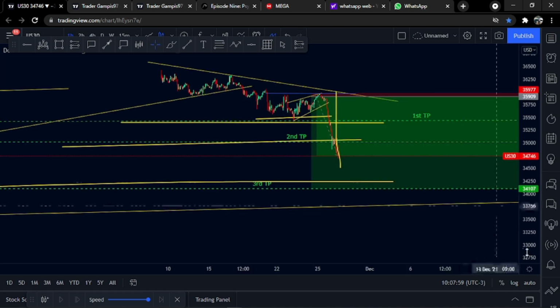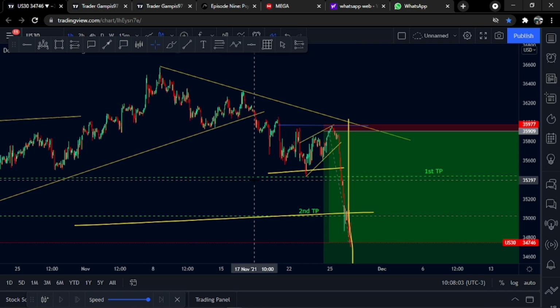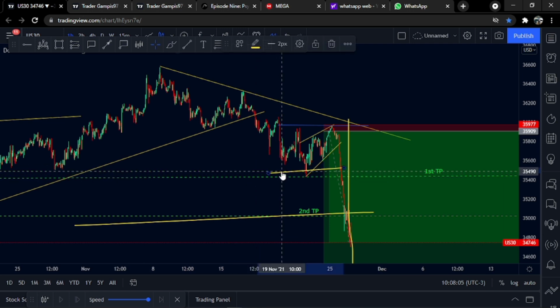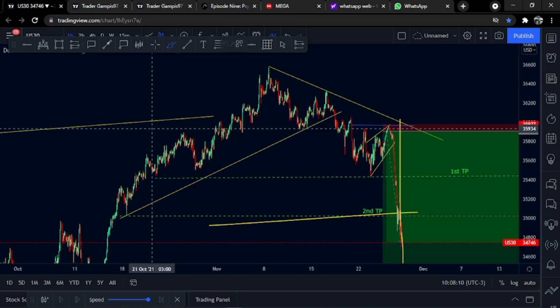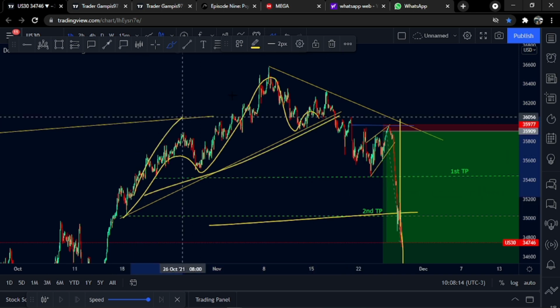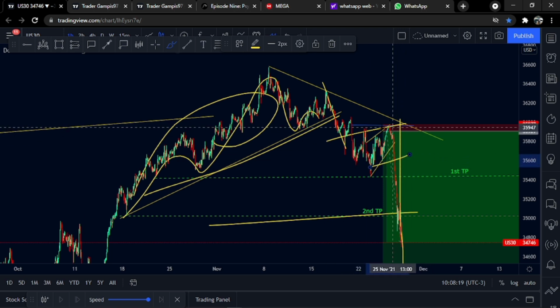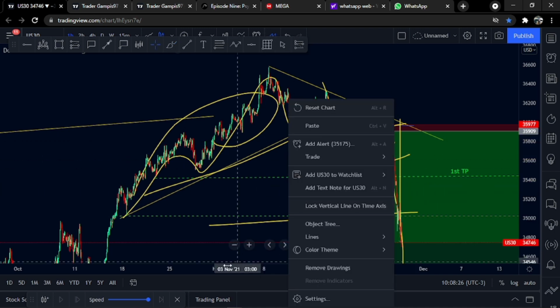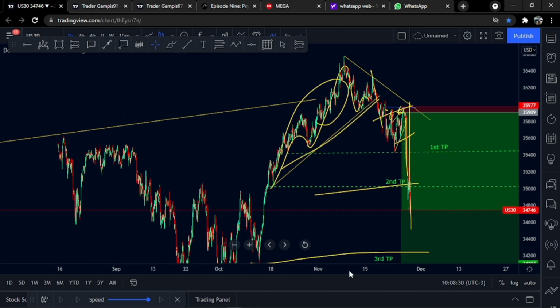Going to the 1 hour time frame, this is what we had: this being our left shoulder, head, right shoulder, neckline, slanting head and shoulders, a push below, impulsive break, correction, obviously first touch, second touch, third touch, high risk entry, a nice strong push to the downside, and it paid us very well. Now let us take a look at the analysis on gold.